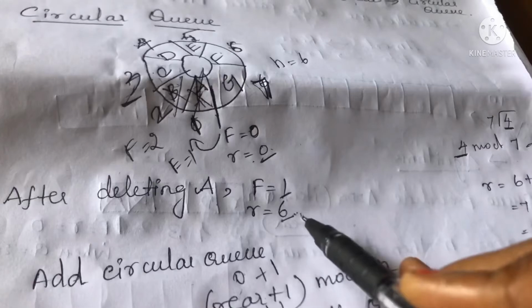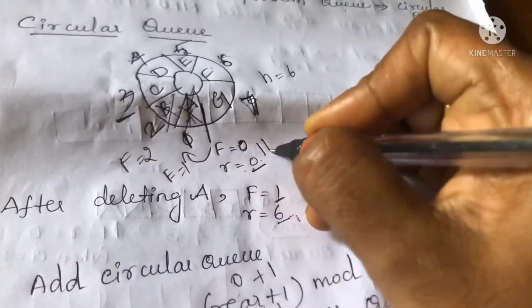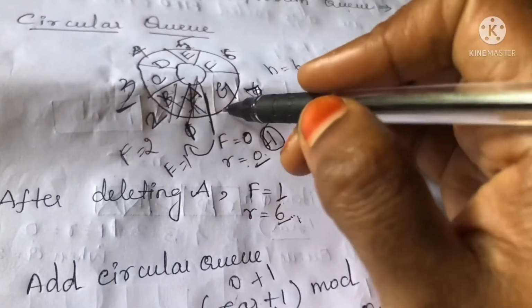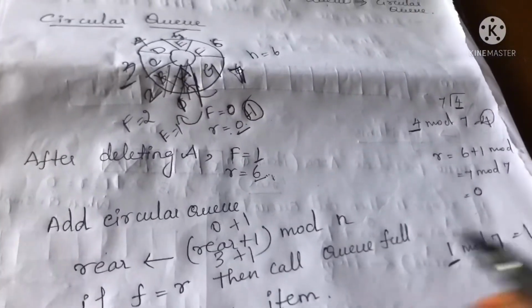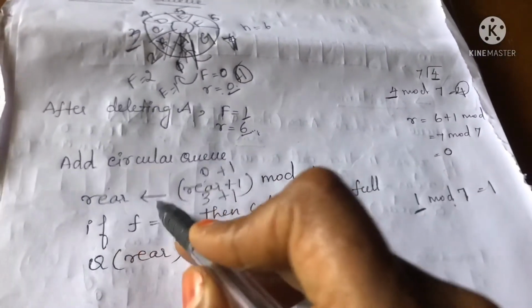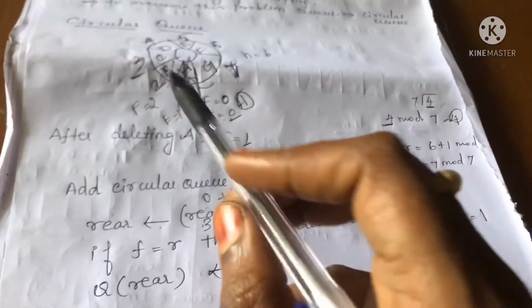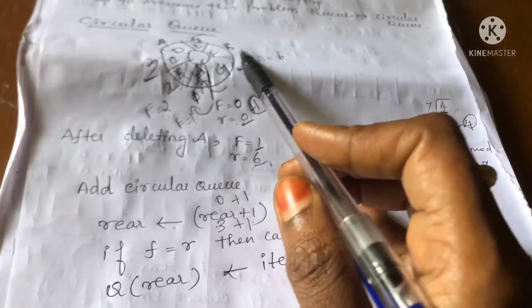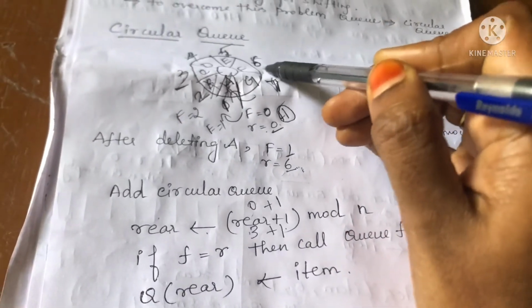At this time I am going to add an item, that is H. I am going to add H to this position. How is it possible? Here rear equals rear plus 1 mod n. Now the final rear value is 6.